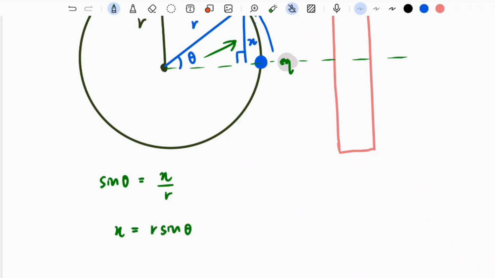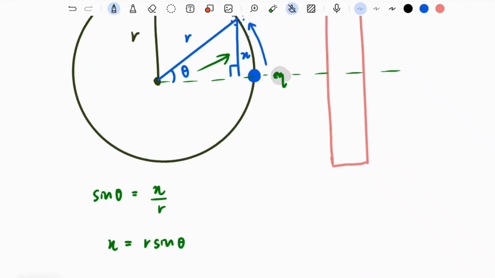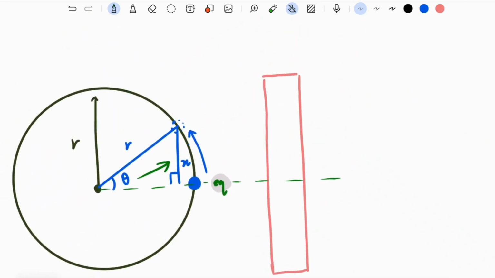Now, can we refine this equation even better? Yes, we can. So how can we do this? Just now I said this is my equilibrium, right? Basically this whole line is my equilibrium position, and this point to this is my x. That is what I've labeled on the circle diagram as well.